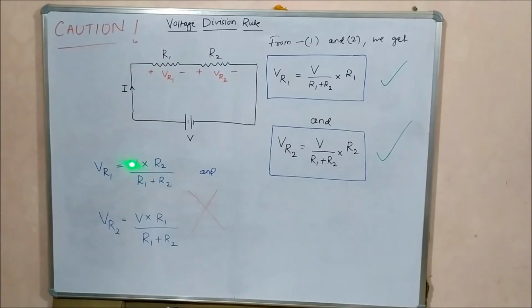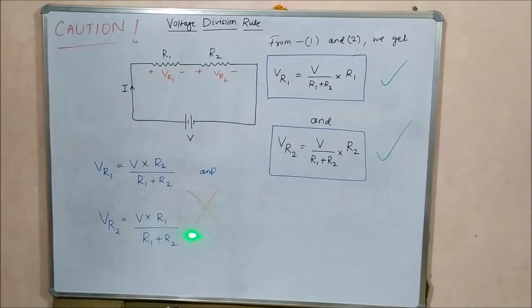What students do is apply this formula: VR1 is equal to V into R2 by R1 plus R2, and VR2 is equal to V into R1 by R1 plus R2. Now this is similar to the current division rule, where to calculate the individual branch currents, we multiply the total current with the opposite resistance, the other resistance. But it is wrong in the voltage division rule.